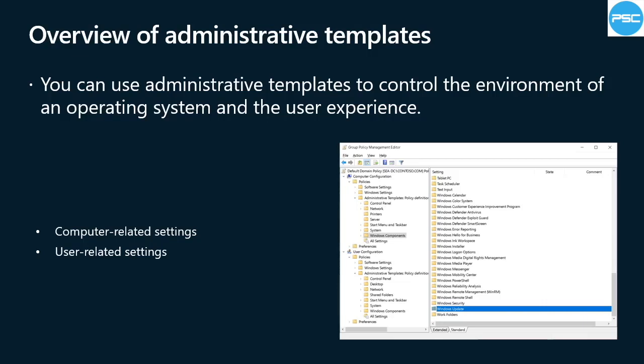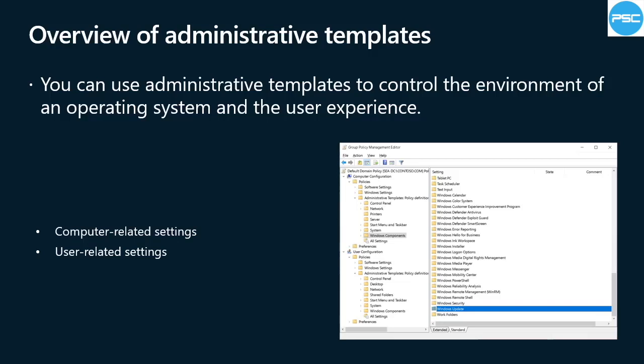User configuration includes settings related to control panel, desktop, network, shared folders, start menu and taskbar, system, Windows components, and all settings. Most of the nodes contain multiple subfolders that enable you to organize settings into logical groupings. Even with this organization, finding the setting that you need might be challenging.